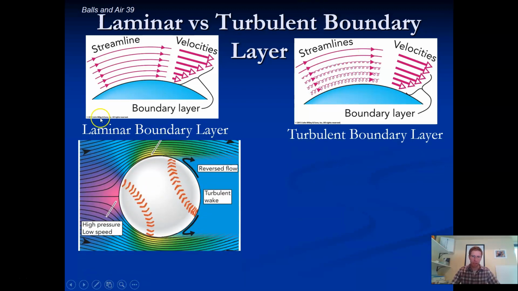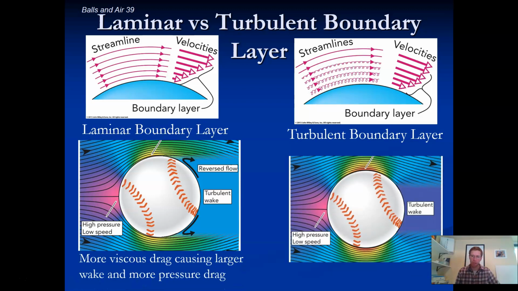And what happens is if you have a laminar boundary layer, that friction along the surface causes the air to get caught up on the surface of the ball, and it creates a turbulent wake that's really quite large behind the ball. If you have a turbulent boundary layer where it's tumbling along the surface, it's able to stay along the surface longer because the friction isn't slowing it down as much.